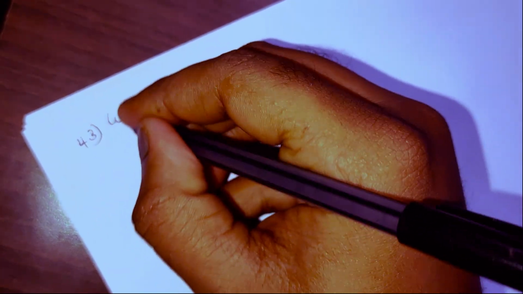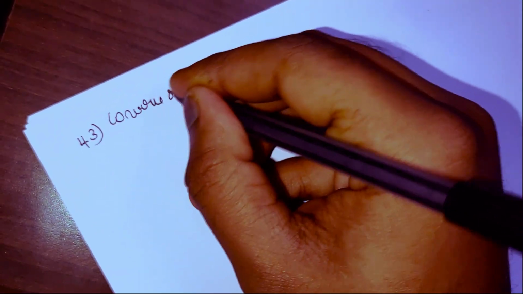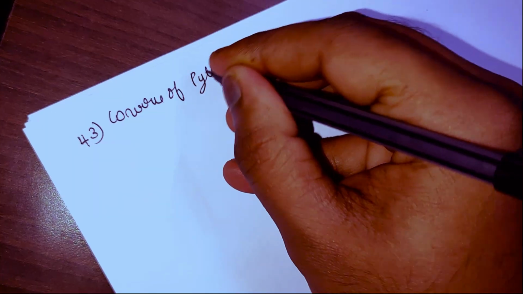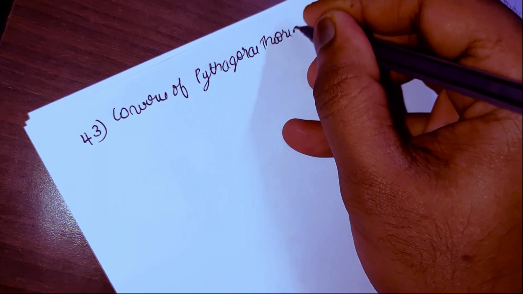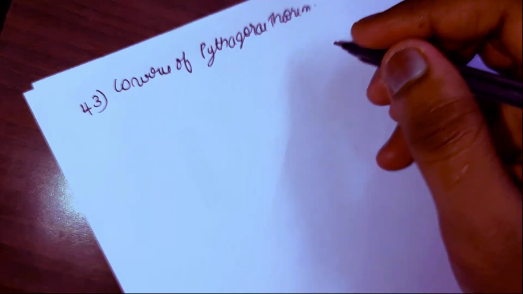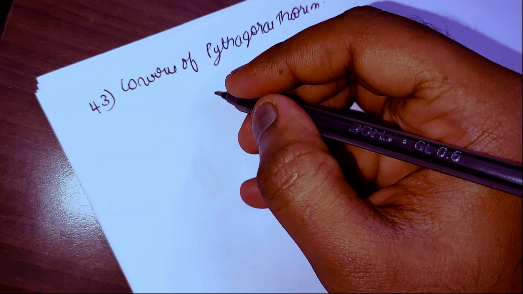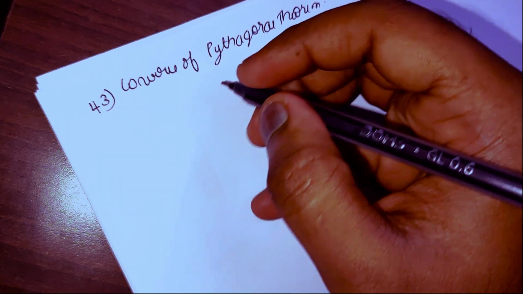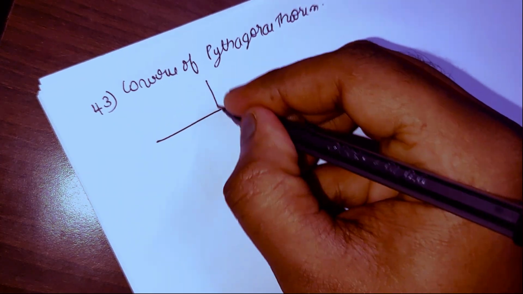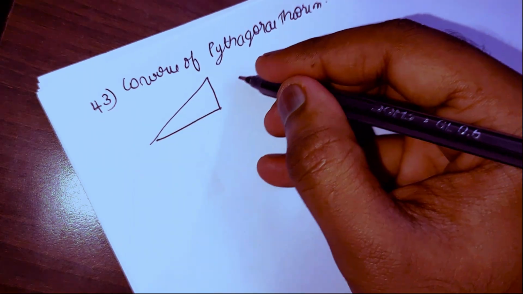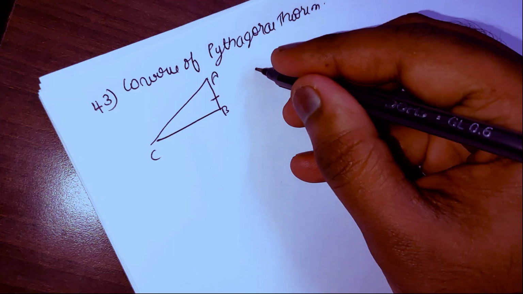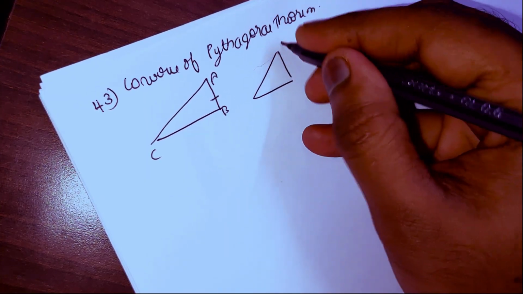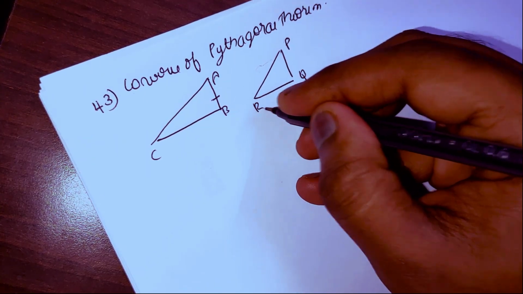43rd question. Here you have to prove converse of Pythagoras theorem. I'll write the statement. It is already there in 1 mark questions. We'll continue with the proof. We'll draw two triangles, ABC and right angle triangle PQR.